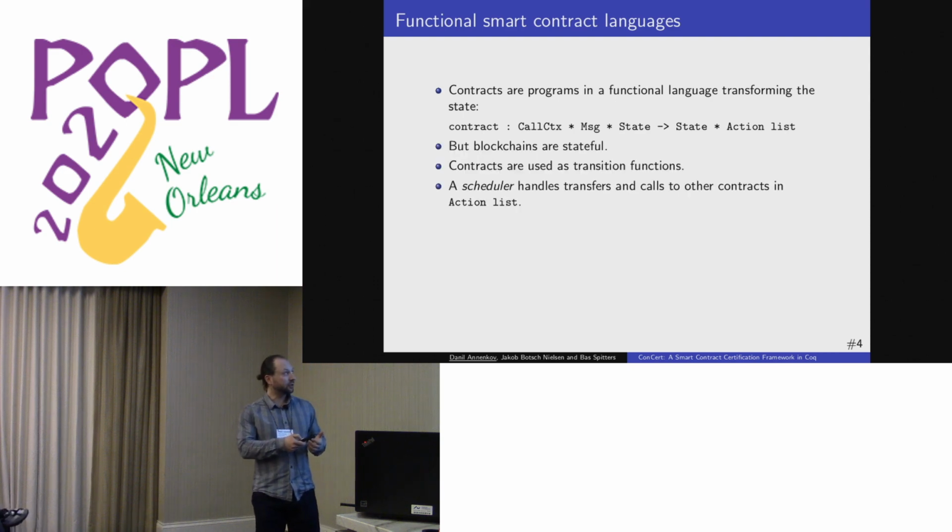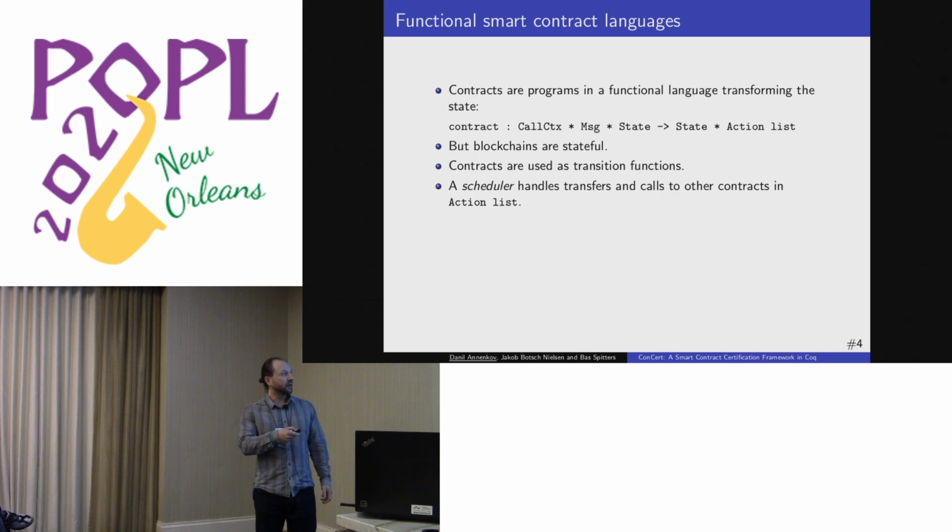But I'm not telling the whole story here, because blockchains are stateful, right? And I say it's a pure function. So we need another piece to be able to update the state, and this is something called a scheduler.